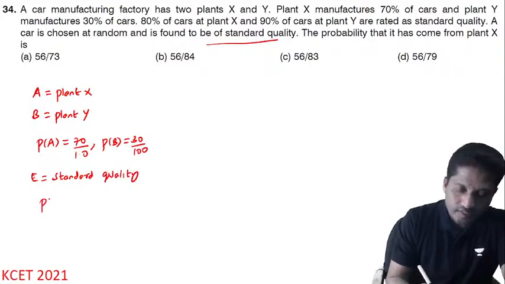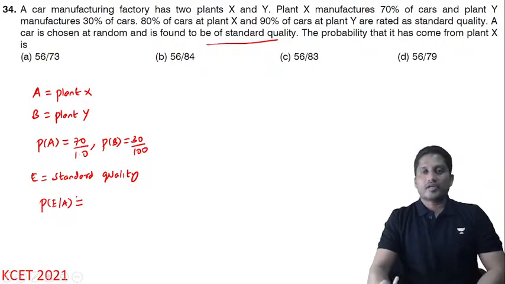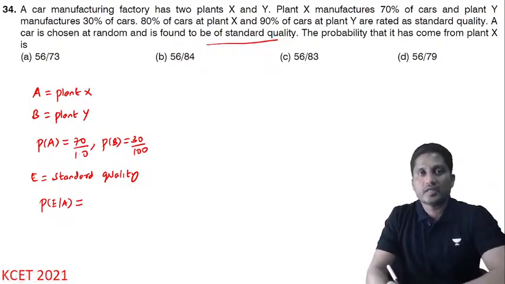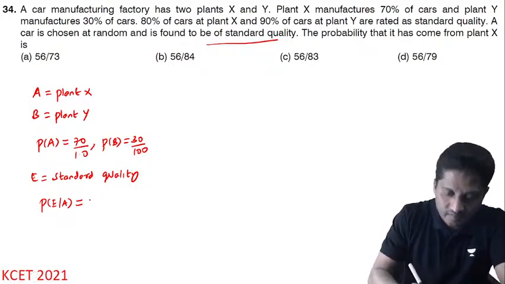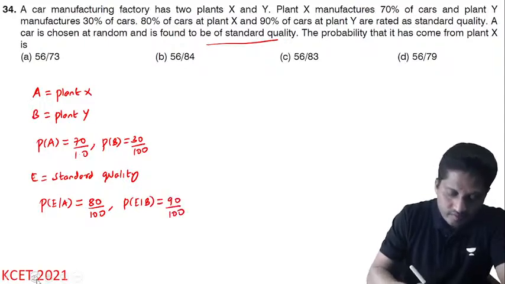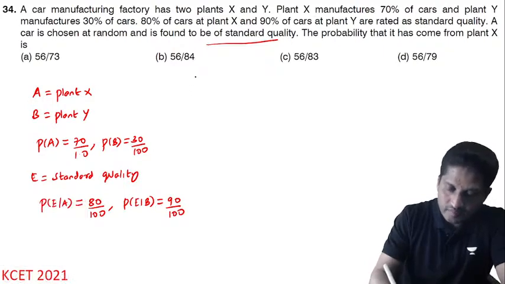Now probability of E given A, the probability of choosing a standard quality car given that it is produced by plant X, is 80 by 100, and probability of E given B is equal to 90 by 100.